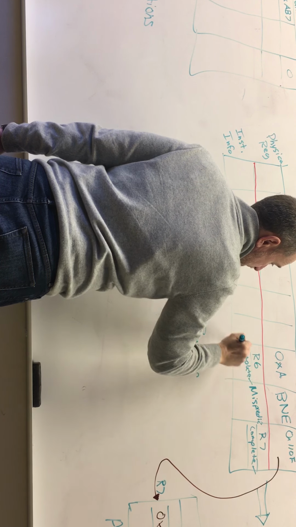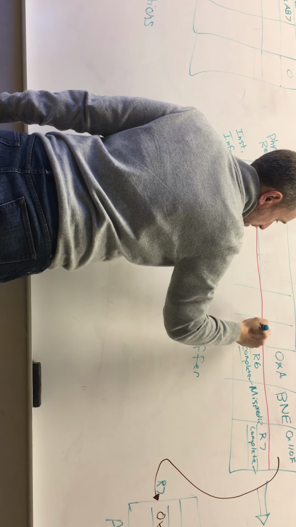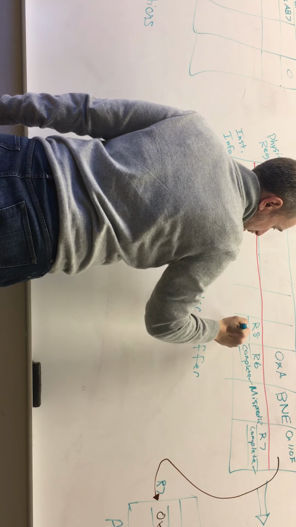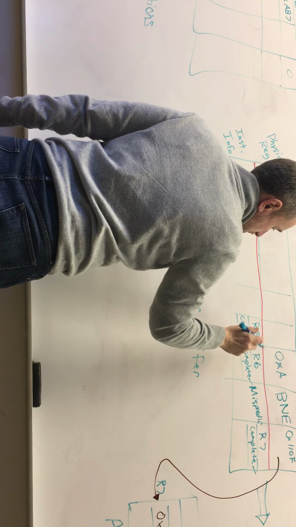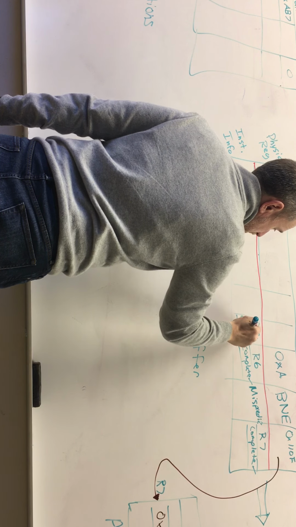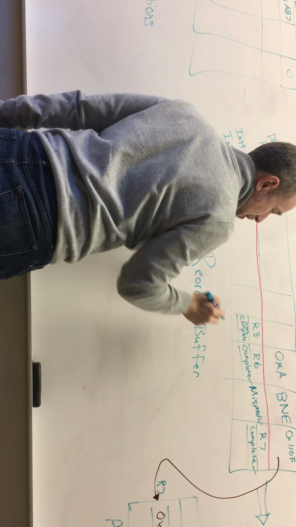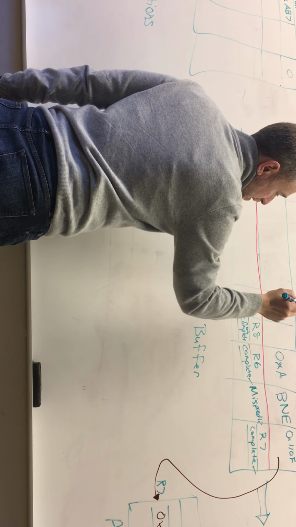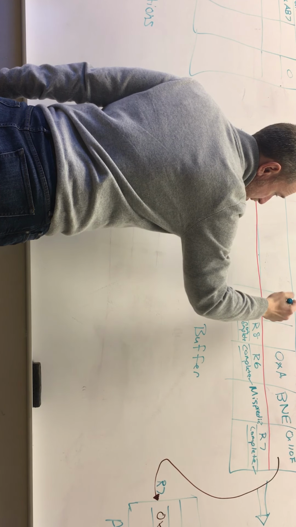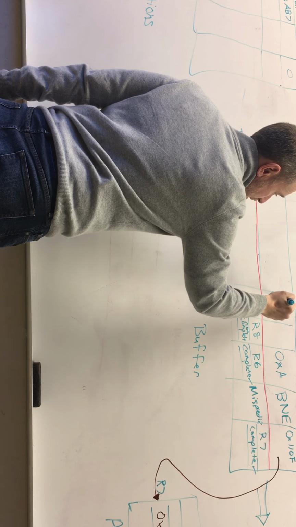Maybe this was a subtract and it's done. Maybe we have some other one, it's not complete. That bit's a 0 and this bit's a 1 to indicate it's complete or not. So we could have a mix of instructions that are completed and not completed.